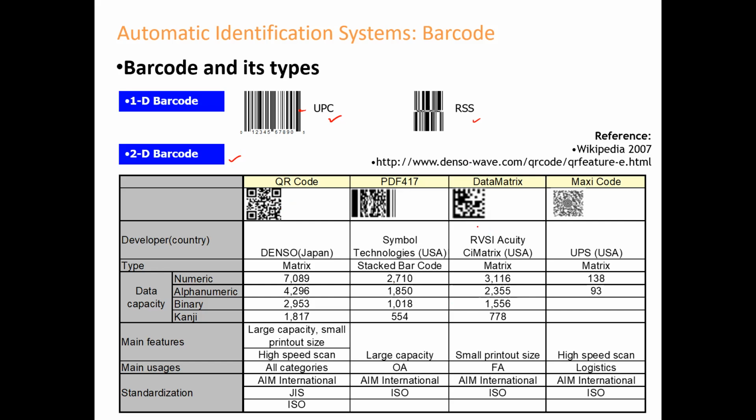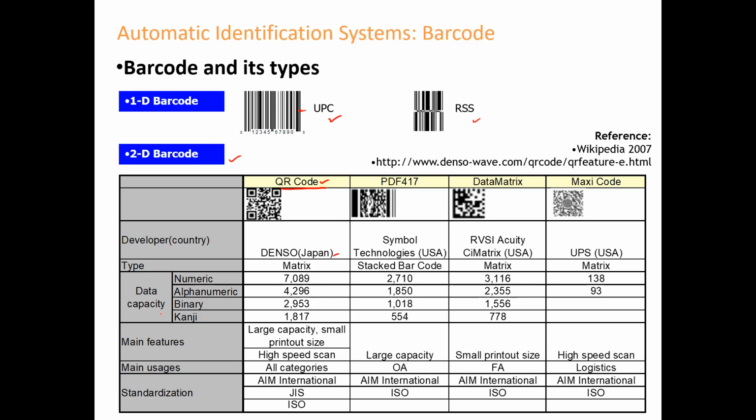And I think in Thailand the standard we use is the QR code. Actually, it is from the Japanese company Denso, and this is a kind of 2D matrix. Okay, X and Y. We have the information of the black and white dots in 2 dimensions.